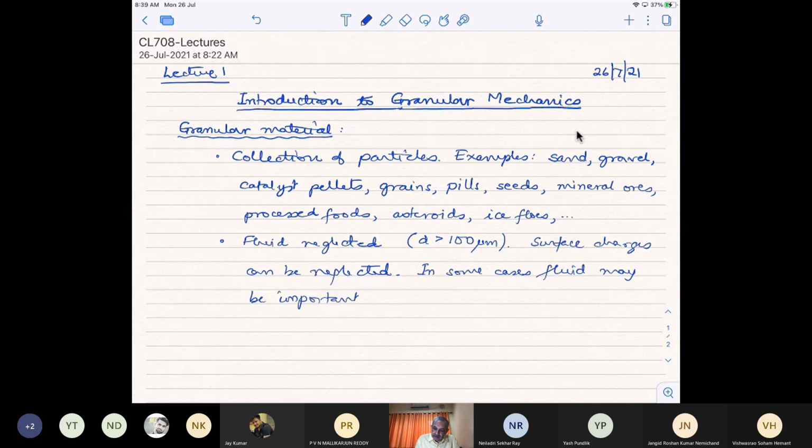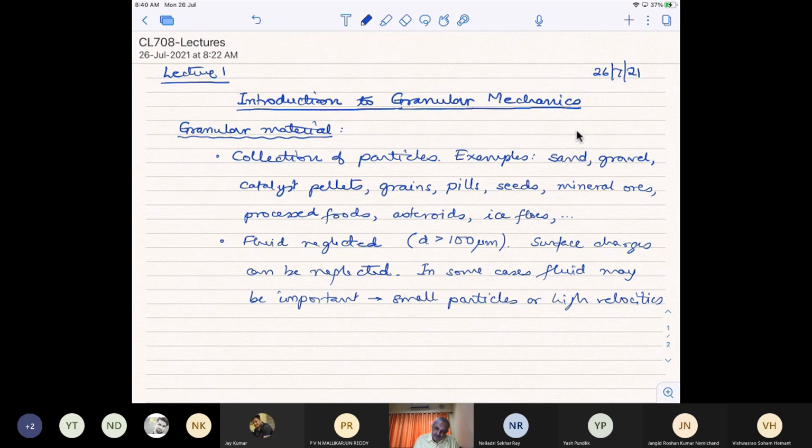And this is important usually when you have small particles or high velocities. And these high velocities could be either high velocities of the particles. If they're moving very fast, then drag forces become important. Or you've got, let's say, very high fluid velocities, and so they also entrain the particles and so forth.